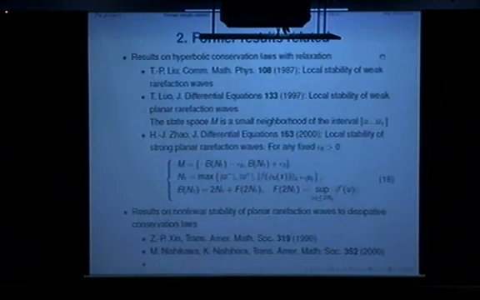So about the former results related. First, the results on hyperbolic conservation laws with relaxation. Professor Taiping Liu in 1987 showed that for general 2×2 hyperbolic conservation laws with relaxation, he got the local stability of weak rarefaction wave solutions.